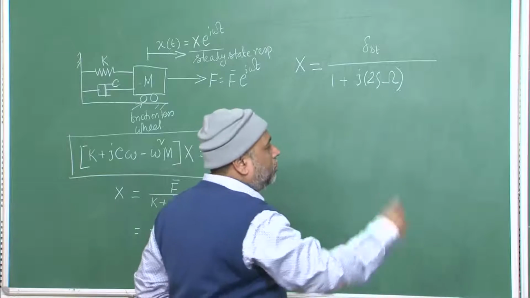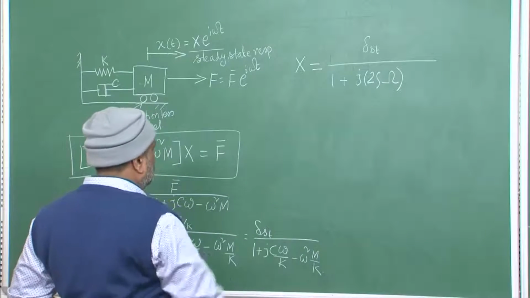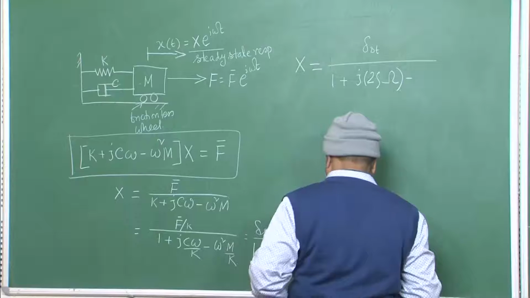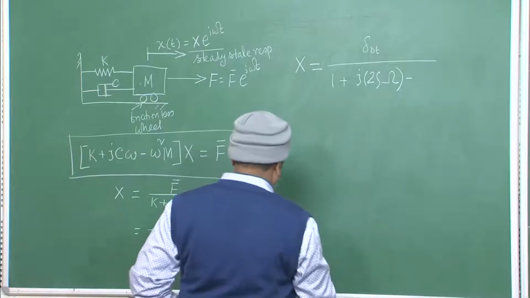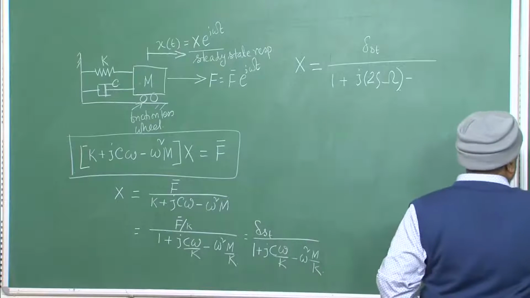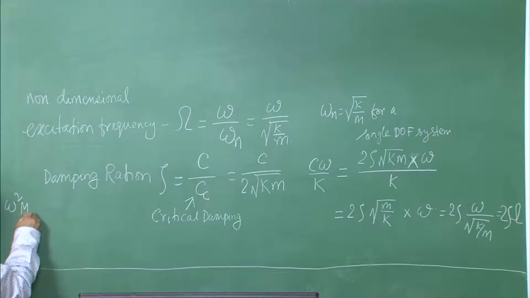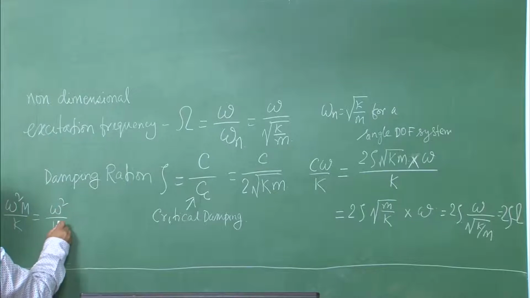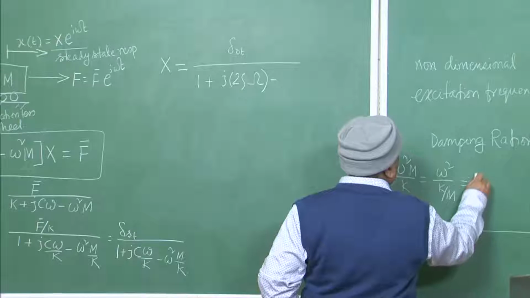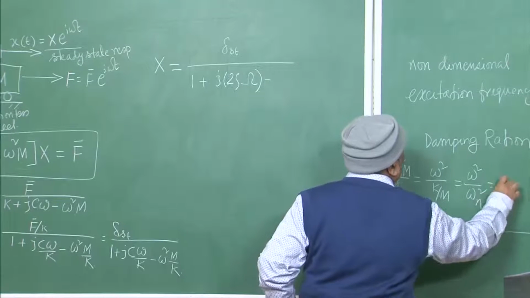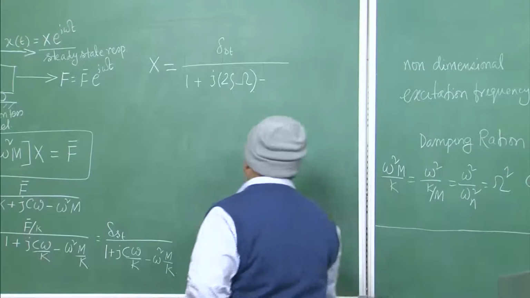And of course, you can very easily do the same with omega square m by k, which is omega square by k by m, that means omega square by omega n square, that is capital omega square.